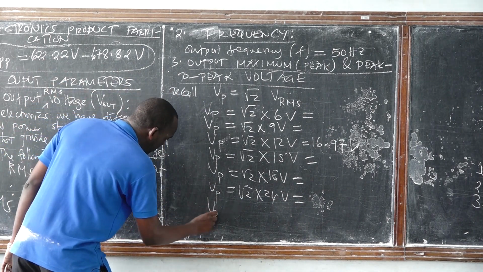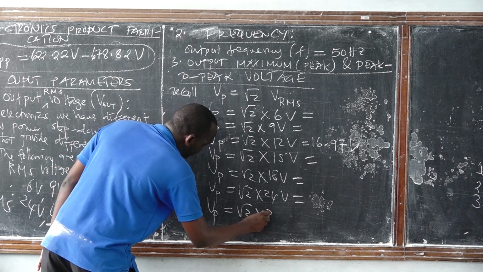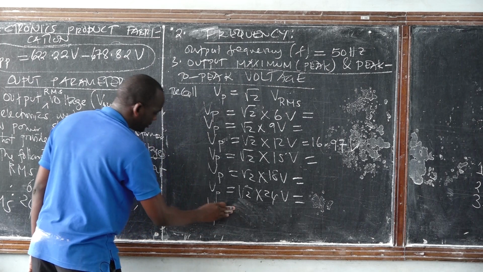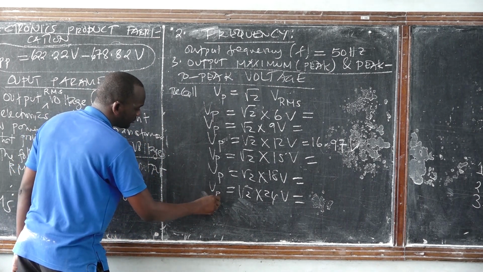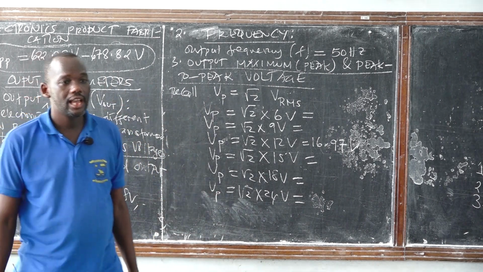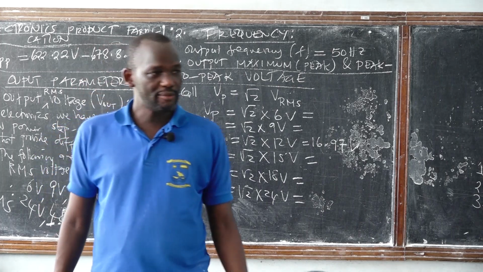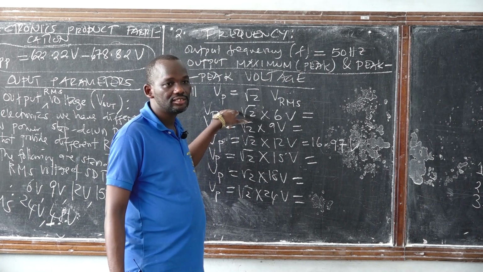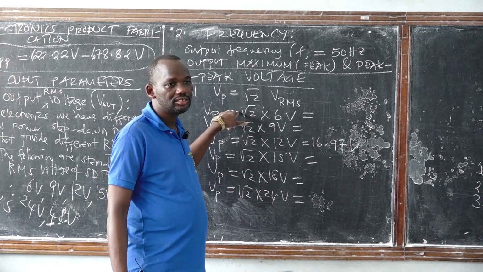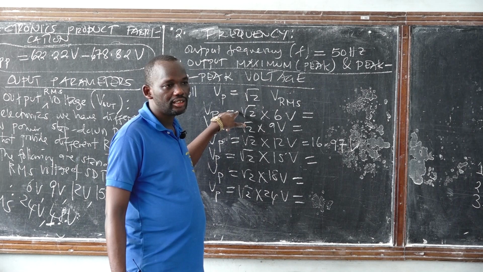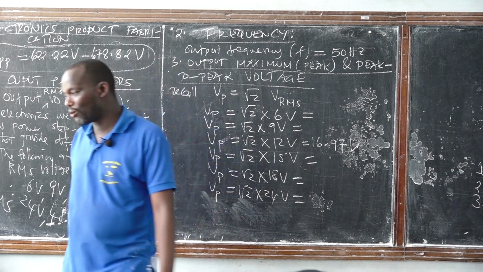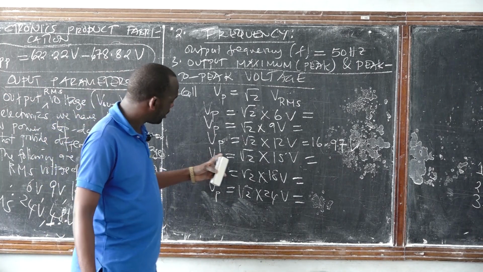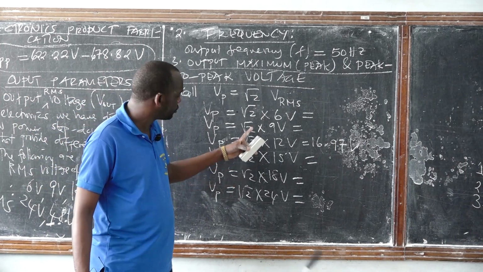VP is equal to square root of 2 times 40. This is the last one. Give me the response. My students don't want to calculate.